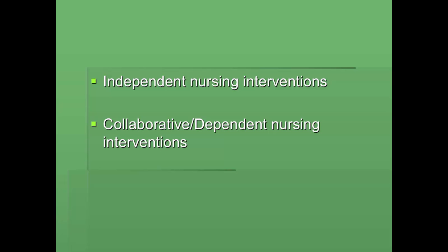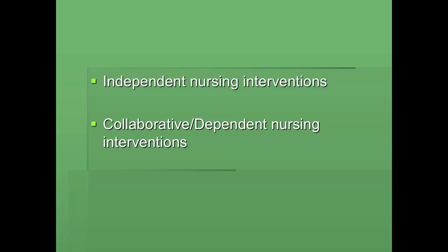That is going to include some interventions that can be delegated. Those might be delegated, say, to a CNA, or maybe to physical therapy or someone else in another area, but it's still the nurse's ultimate responsibility to see that that intervention is carried out.